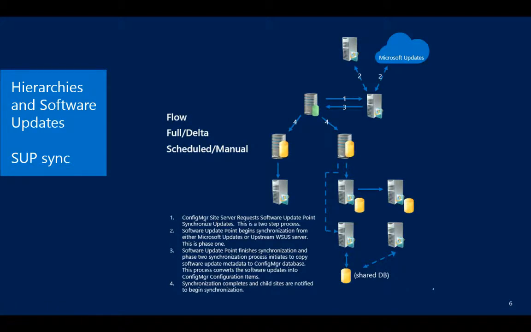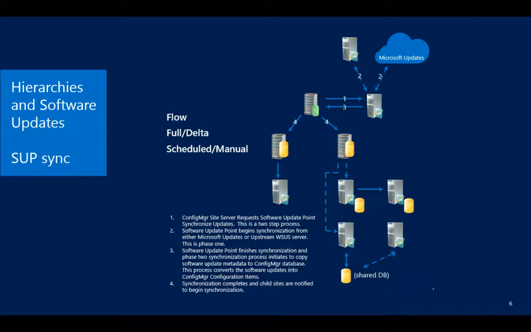In terms of software update point synchronization, I'm not going to dive into the weeds because we did cover this in a previous session. But this is a diagram that I used in a previous session that simply illustrates the general process by which software update information is synchronized. The CAS makes a request to the software update point WSUS server.